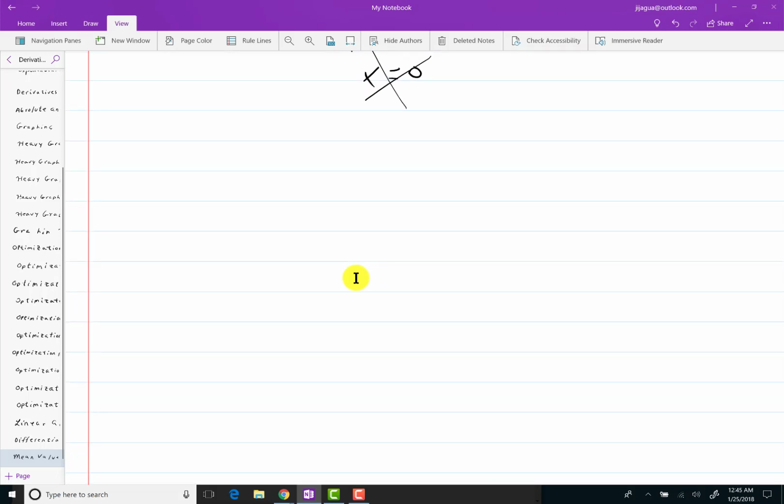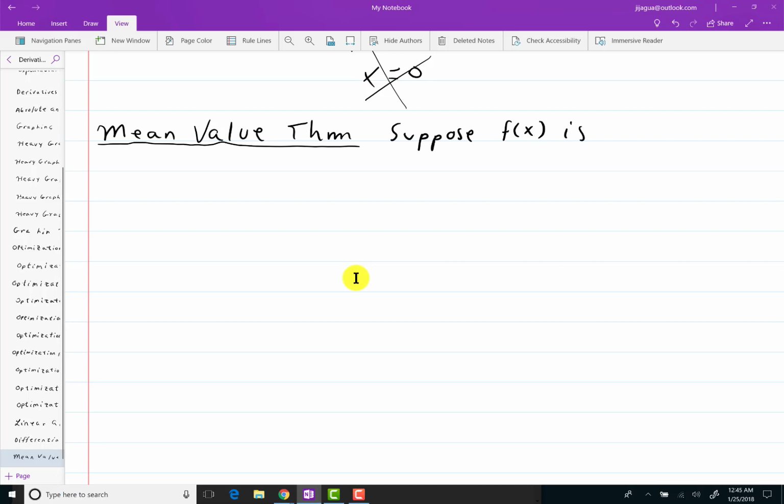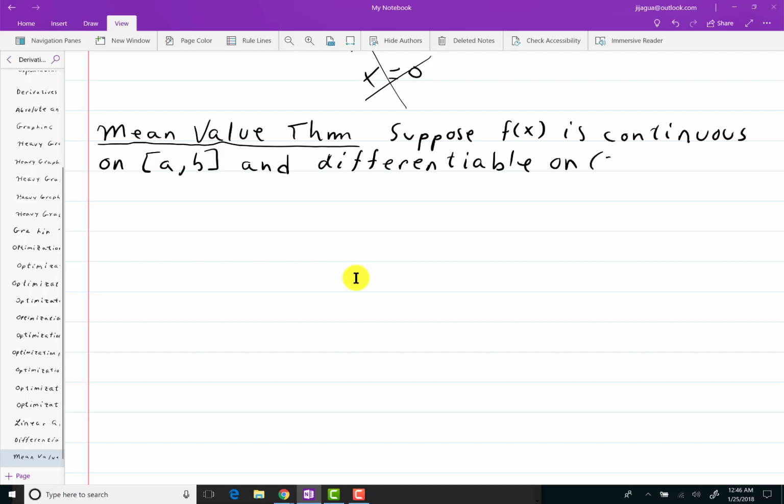Let's move on to the big theorem, and that's the mean value theorem. Suppose f of x is continuous on the closed interval AB and differentiable on the open interval AB.